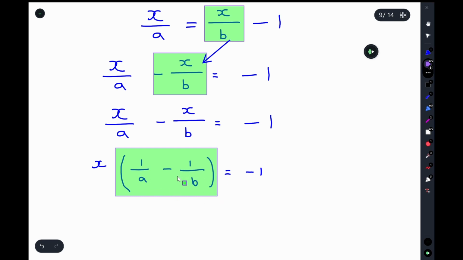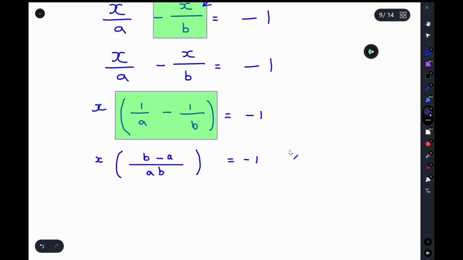We should simplify it to give 1 fraction before moving. This will make it a lot easier. So now we've simplified our fractions to give 1 single fraction. We've multiplied the denominators to get our new denominator ab, and then we have cross multiplied to get b minus a as our new numerator.